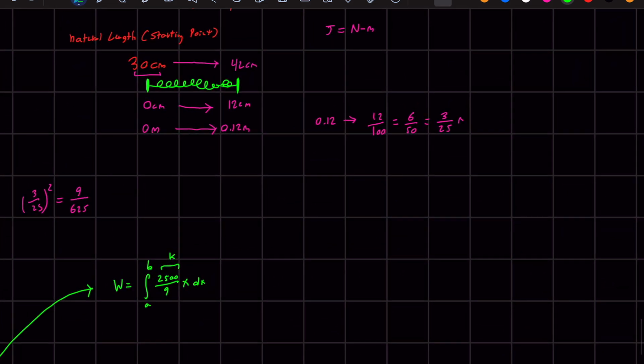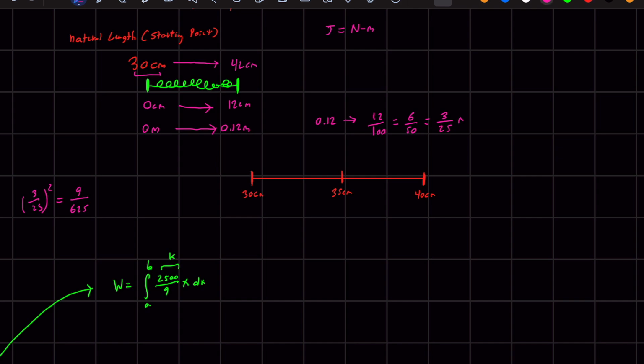Okay, so we have to look back at what's our natural length. So again, let me draw a little number line. So we got a number line right here. We want to get from 35 centimeters to 40 centimeters, right? But we know our natural length, or our starting point, is 30 centimeters.